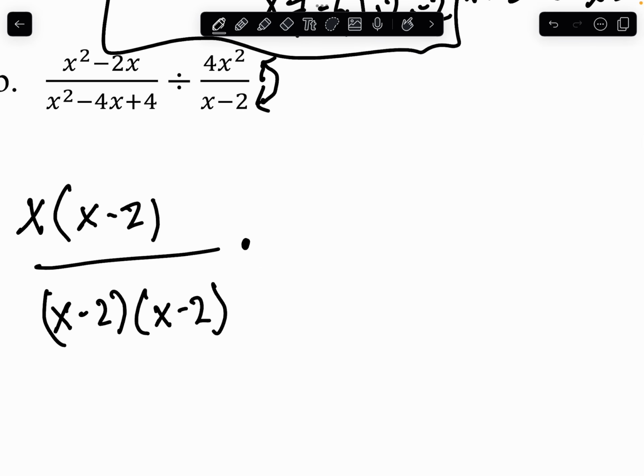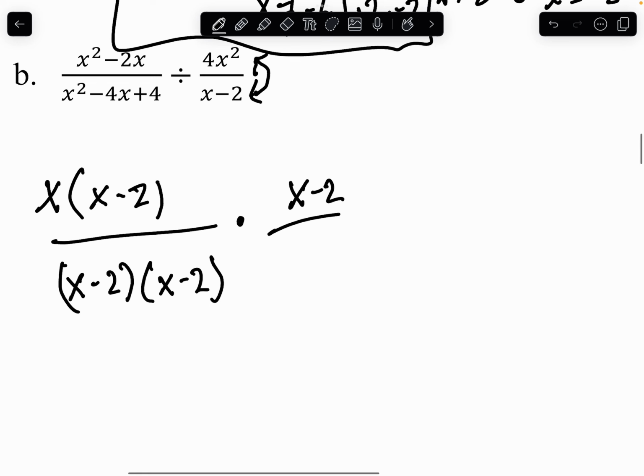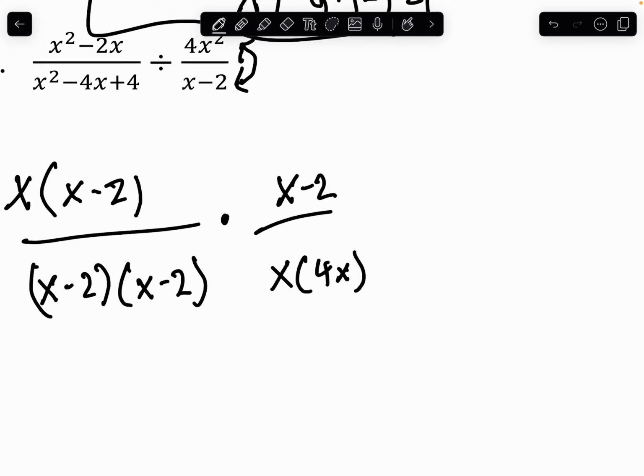So then you can treat it like multiplying. So x minus 2 is on top. And then 4x squared is simplified as x times 4x, because x times 4x is 4x squared.